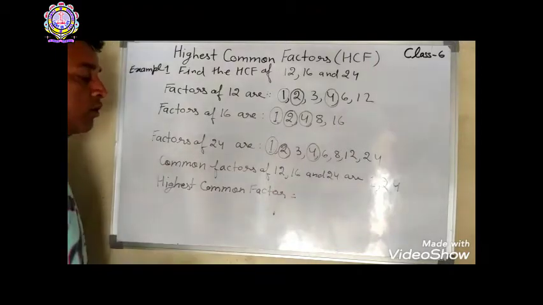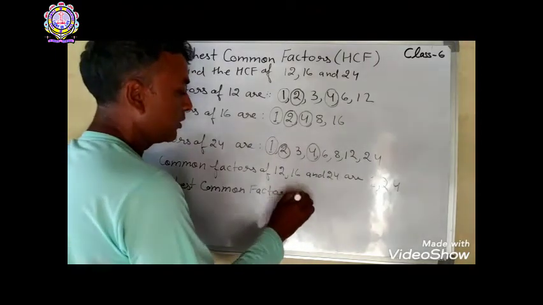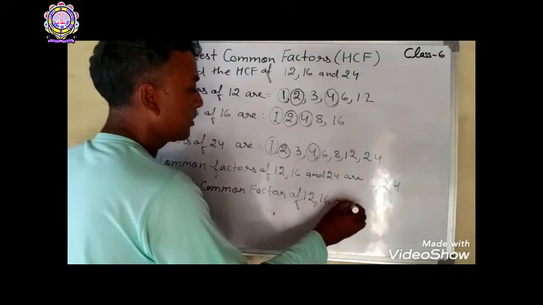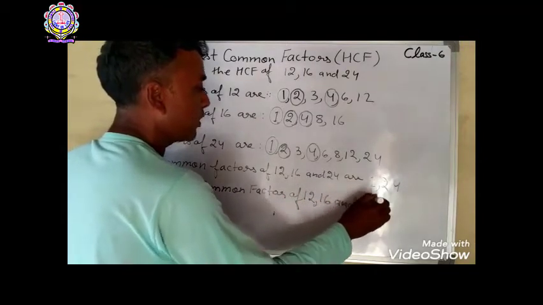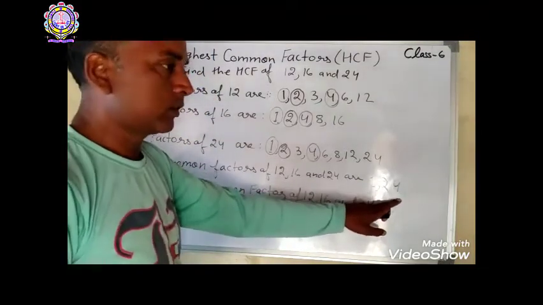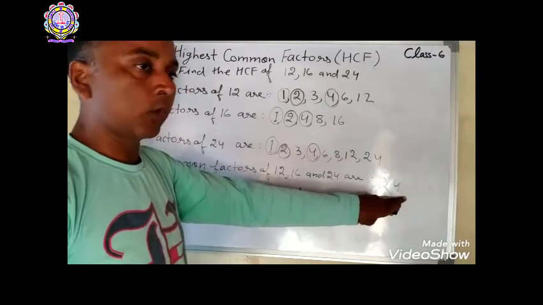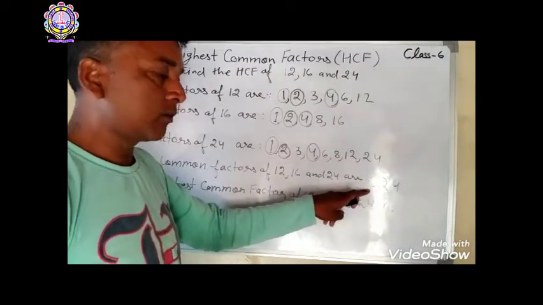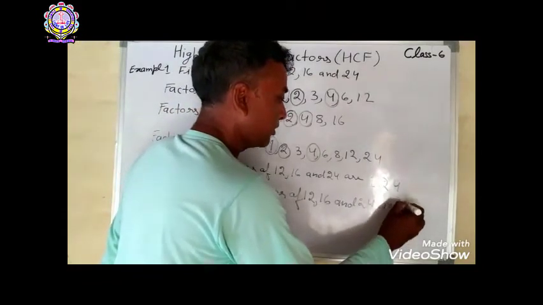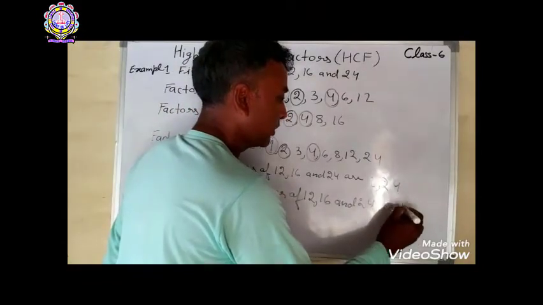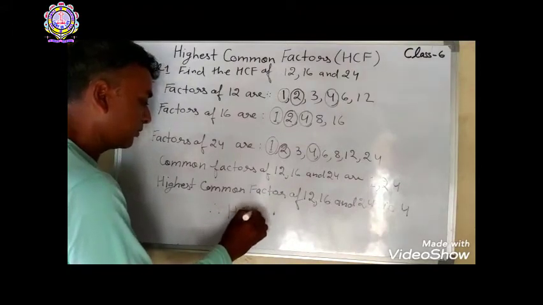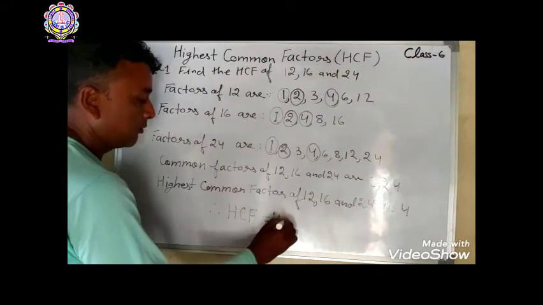Which is the highest common factor of 12, 16 and 24? These are the common factors. So which is the highest? 4. And which is the lowest? 1. So the highest common factor is 4. Therefore, HCF is equal to 4.